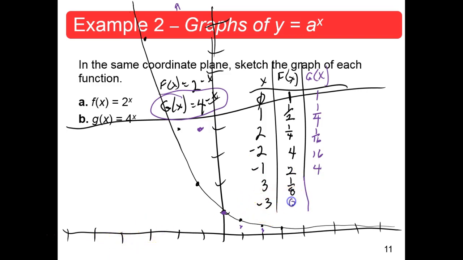I'm just going to write it in purple. That one was 8. I forgot to write it in. 4 to the minus 3. 1/4 cubed is 1/64. I'm not even sure I can distinguish that from 0.